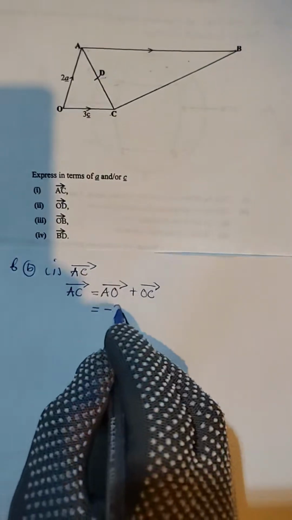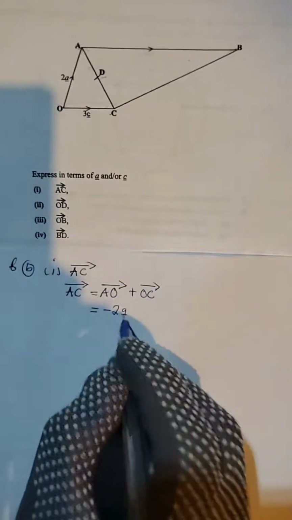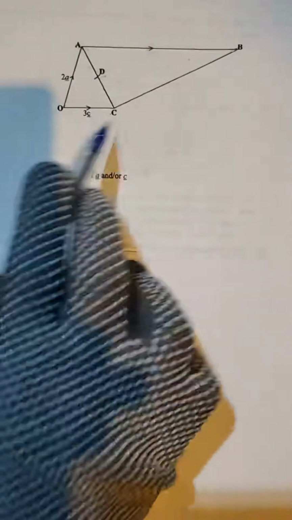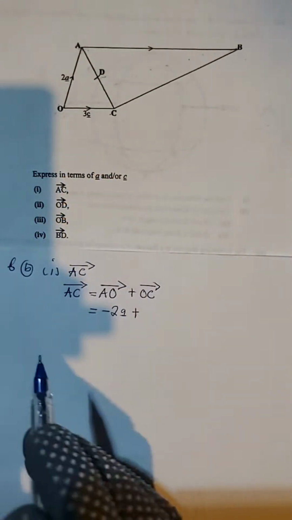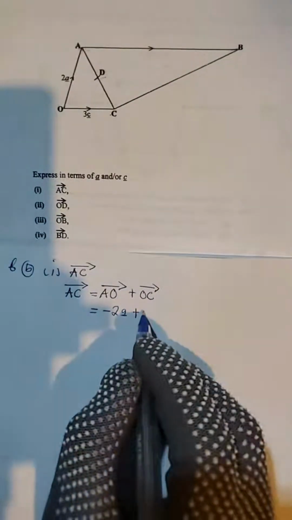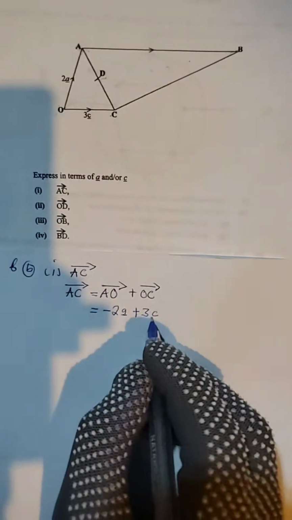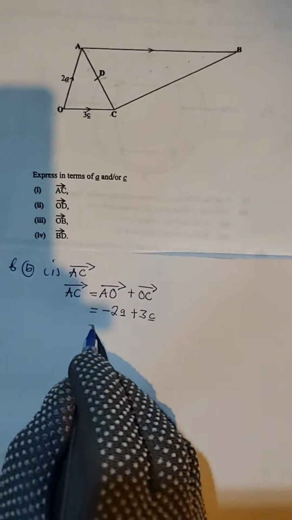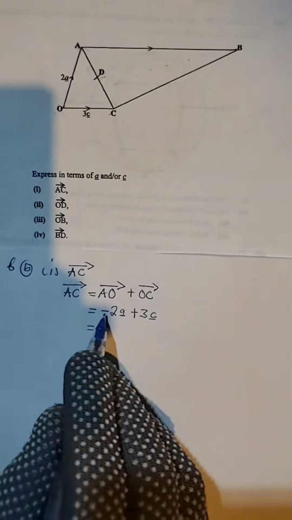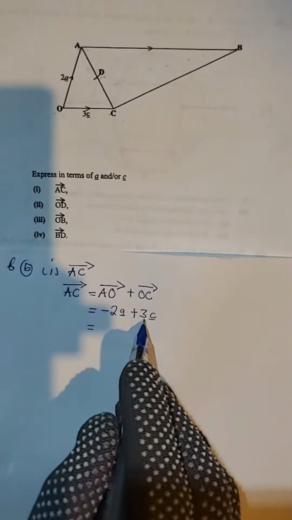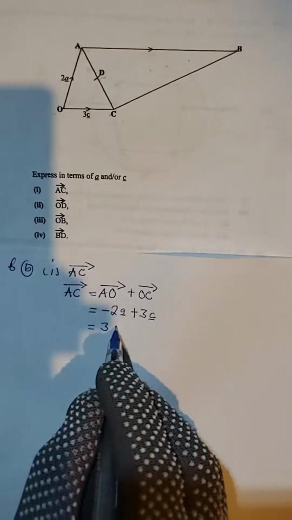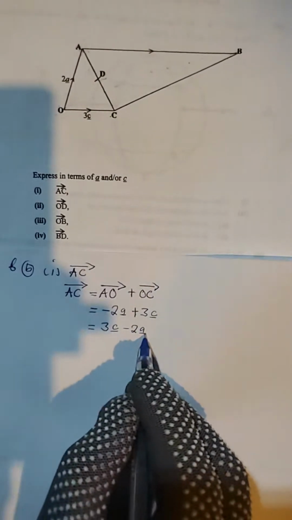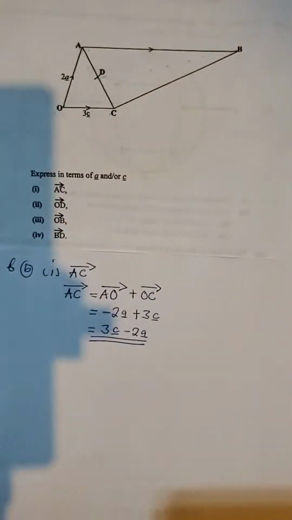So negative 2 vector A, plus OC, which is in the direction of the vector, so we're not supposed to change the sign. So it's 3 vector C. Then always start with a positive vector. This is negative 2, this is positive 3. So it will be 3 vector C minus 2 vector A. And this is the answer.